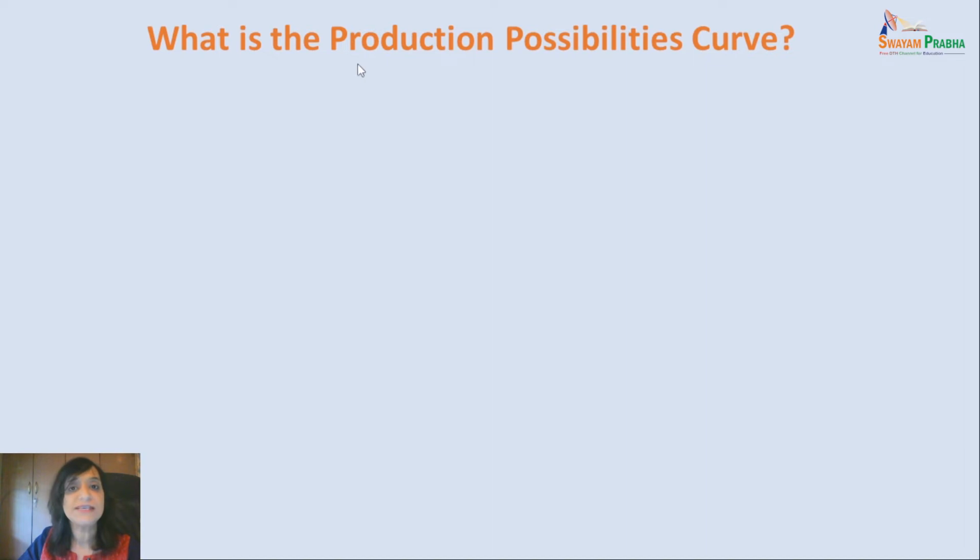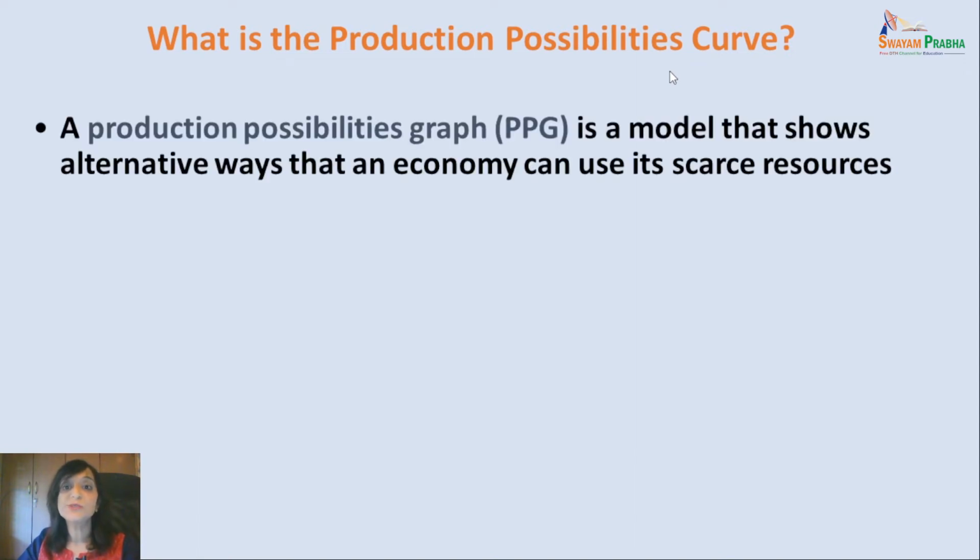The name is self-explanatory. This curve is going to tell you what production is possible with the given resources. So let us understand this concept. This is a model that shows the alternative ways that an economy can use its scarce resources.